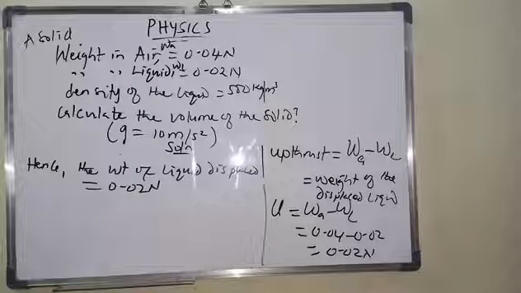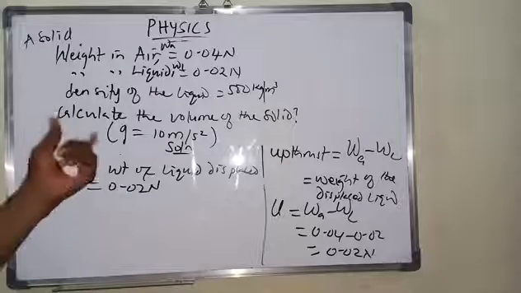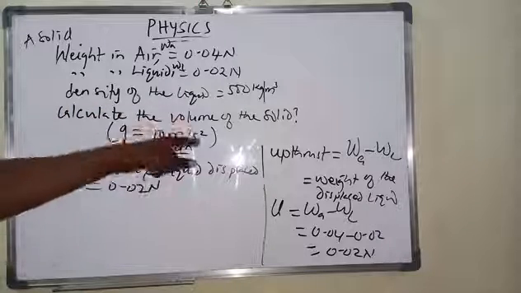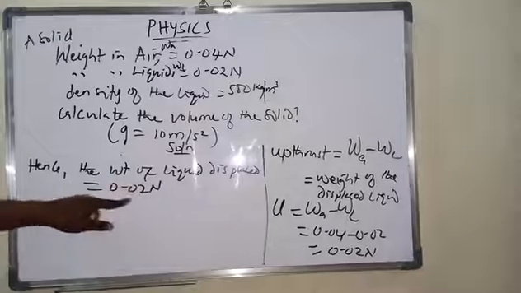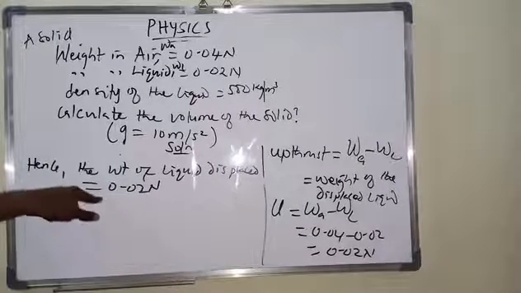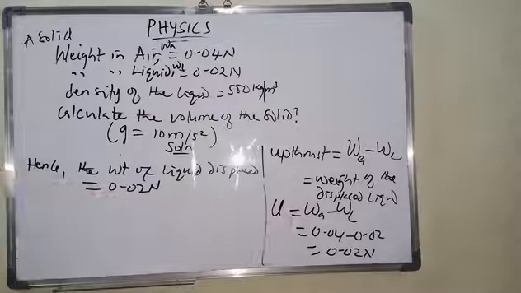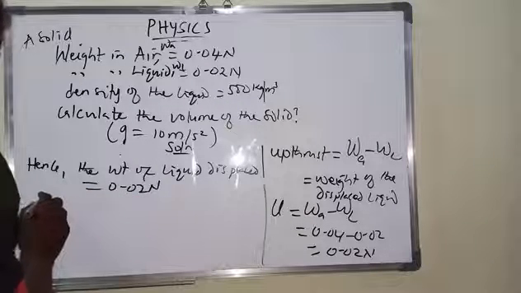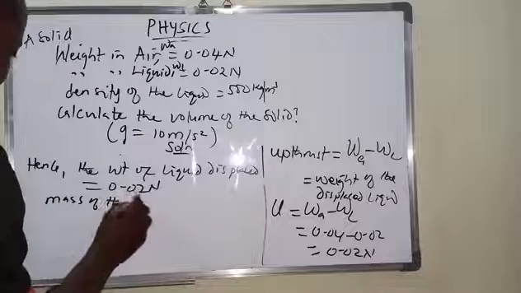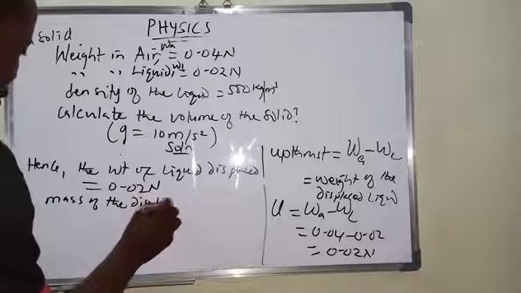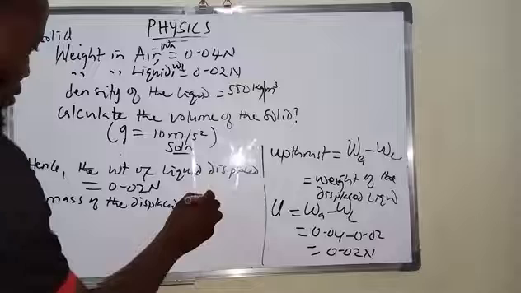So if that is the case, then all we need to now do is to calculate the volume of the liquid. And with that density volume formula we can use, because already we know the density of the liquid, and the mass can be obtained from here. We already have the weight of the liquid, which is equal to the upthrust. So what we do here is to convert to have the mass of the displaced liquid.